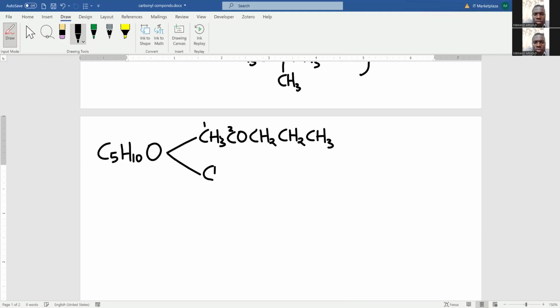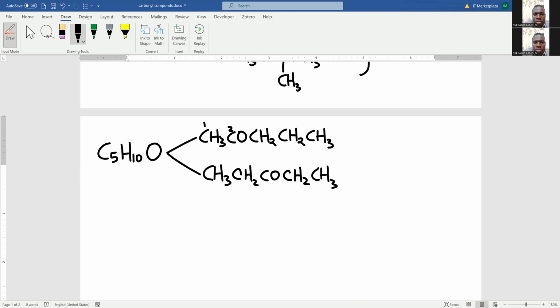Then take another example, CH3, CH2, CH2, CO, CH2, CH3. In this second example, the functional group CO is at position 3 when you count those carbon atoms.